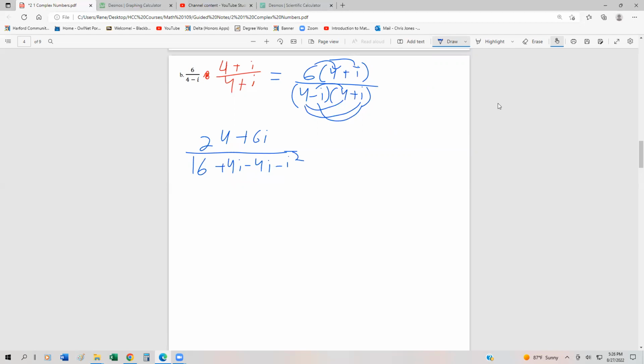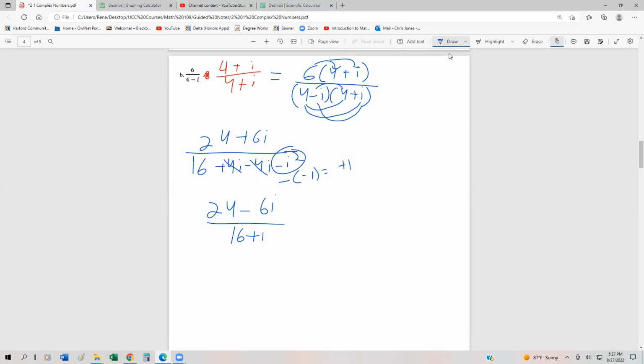It looks like we just made this a lot more difficult, but in fact it actually helps us, because check this out. These are opposites, so they cancel out, and we have a negative i squared. Well, negative i squared is the opposite of negative 1, which is a positive 1. And so this is going to turn into 24 plus 6i, not 16i, excuse me, divided by 16 plus 1.